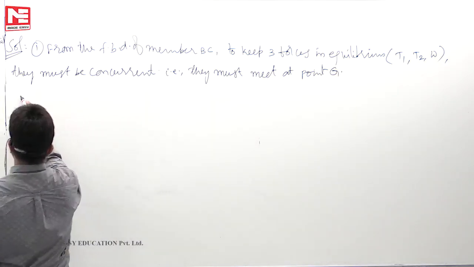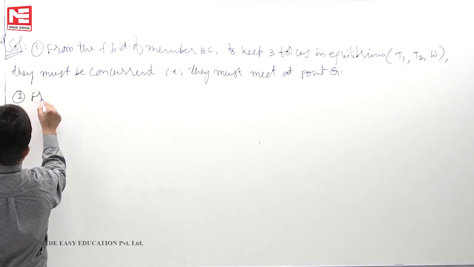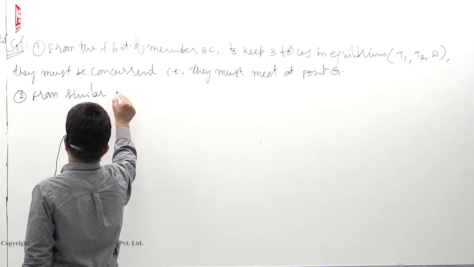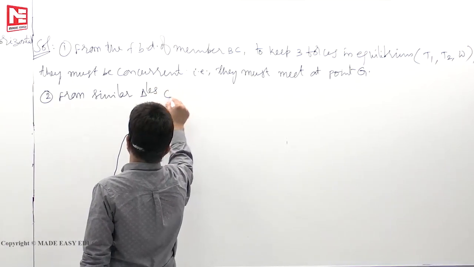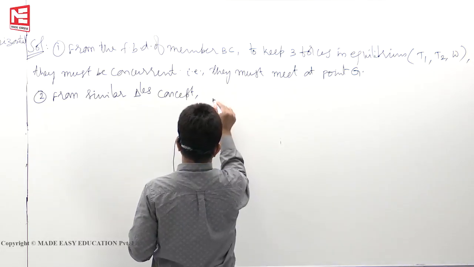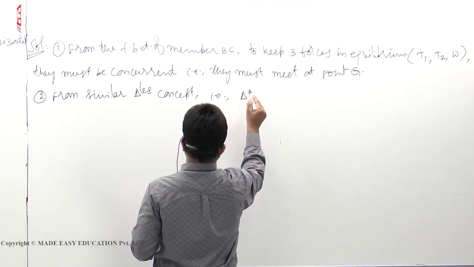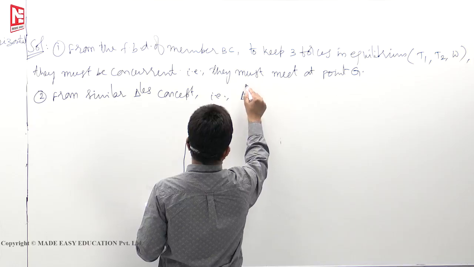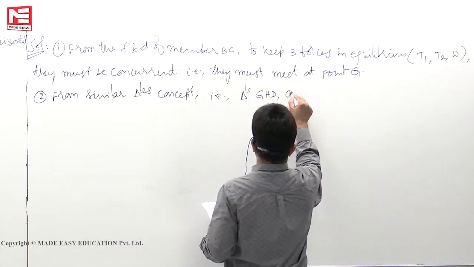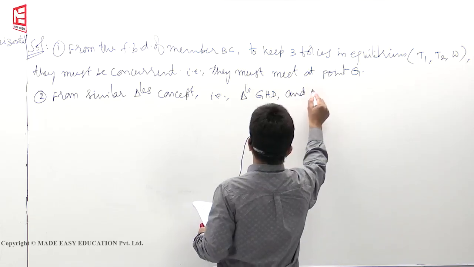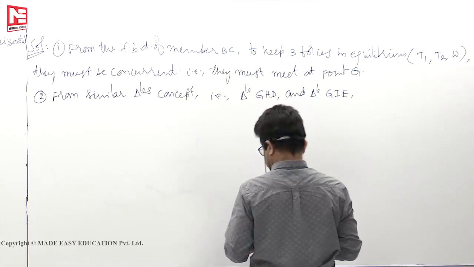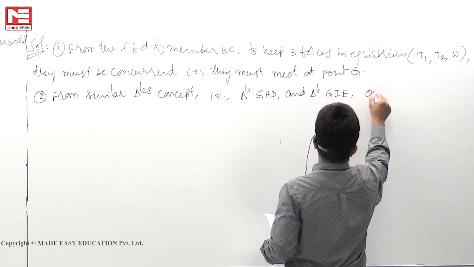Next, second point. From the similar triangles concept, that is triangle GHD and triangle GIE, theta must be equal.